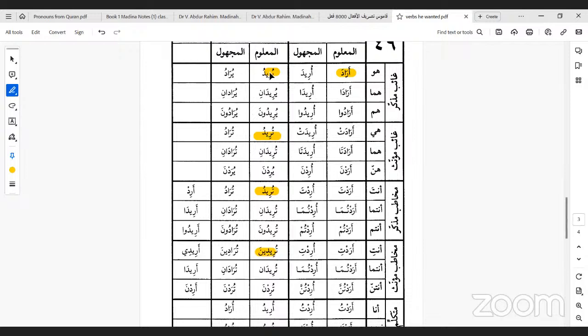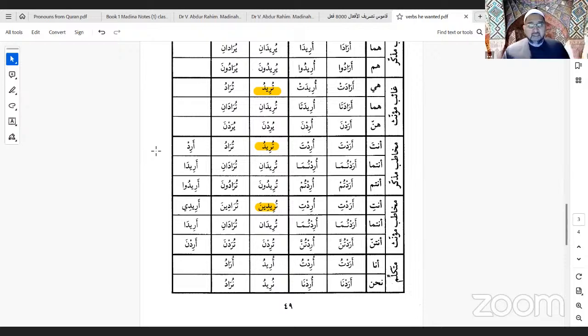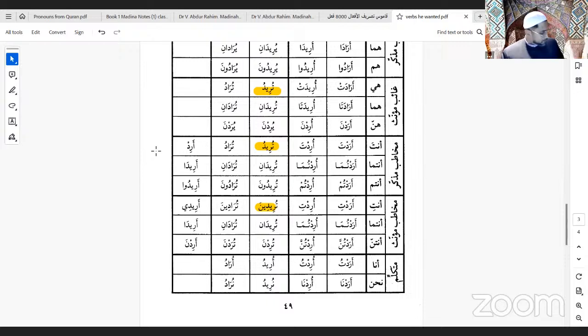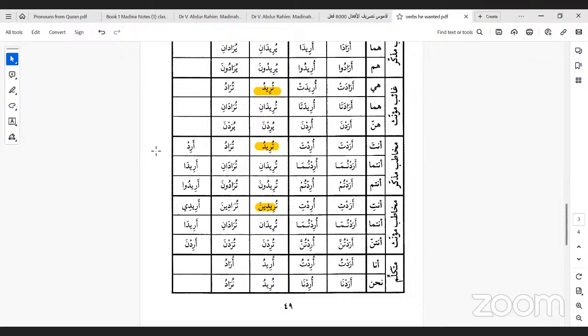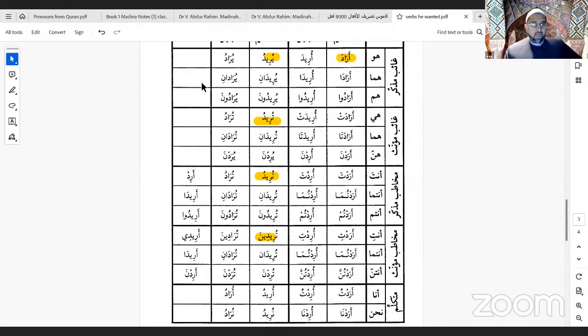Huma turidani, hunna yuridna. Anta turidu, antuma turidani, antum turiduna, anti turidina, antuma turidani. Turidani, yeah, correct. Antunna turidna. Yeah, the ya is dropped. Ana uridu. Nahnu nuridu. Okay. Excellent. Brilliant. Thank you.